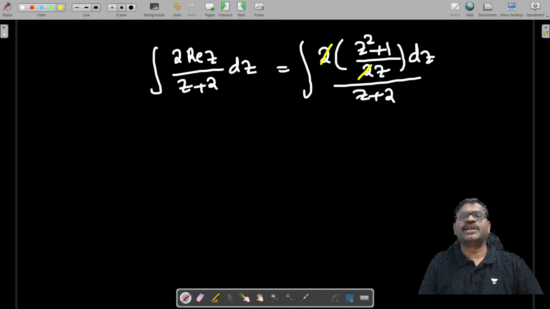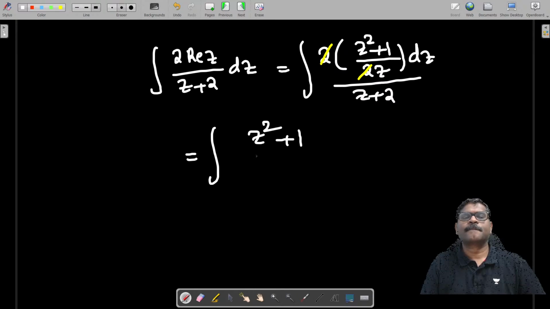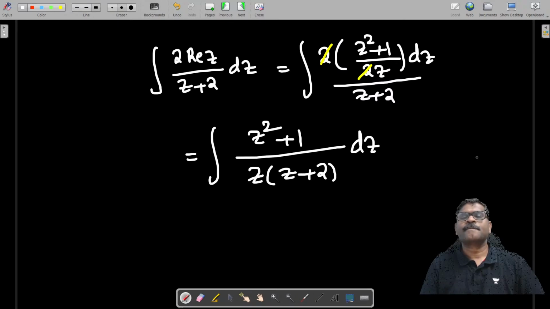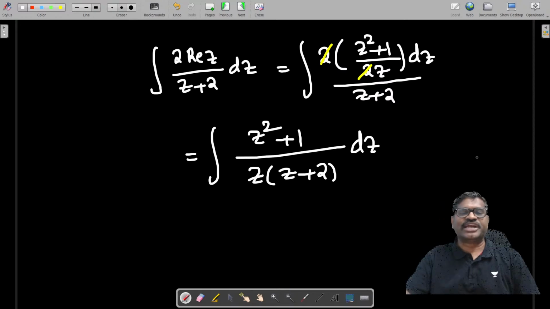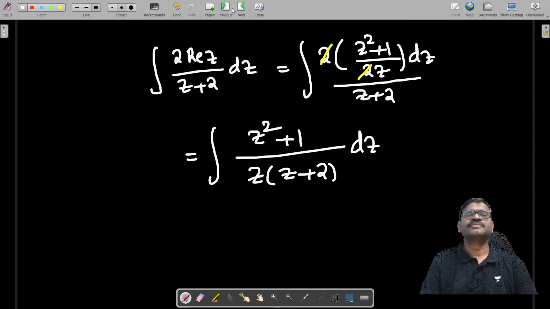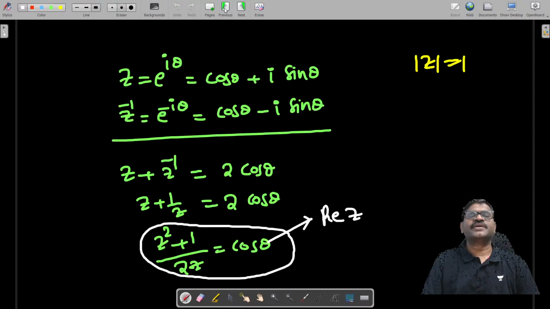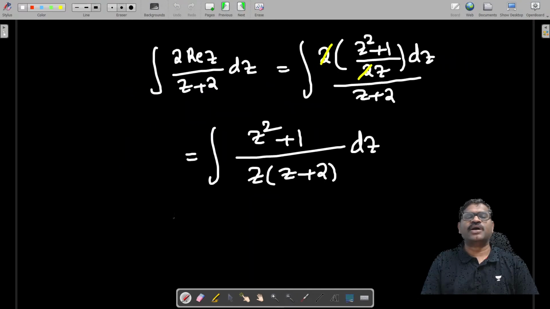The 2 cancels. We get z square plus 1 by z into z plus 2 dz, where the circle is mod z equal to 1.